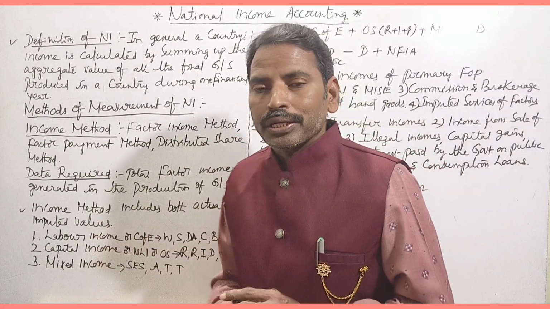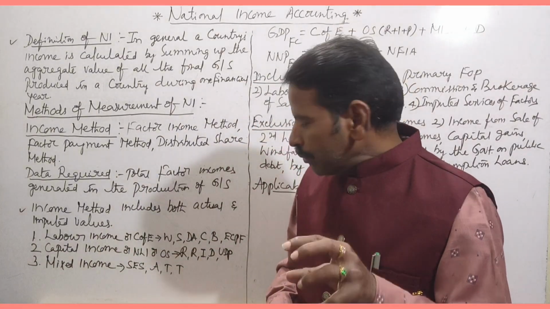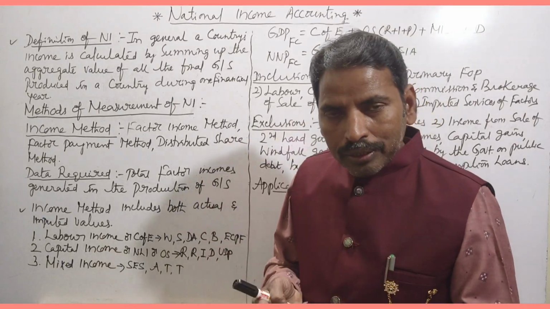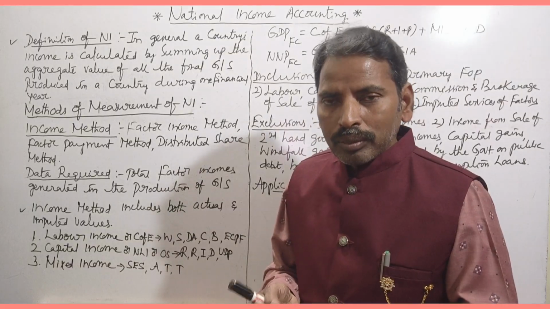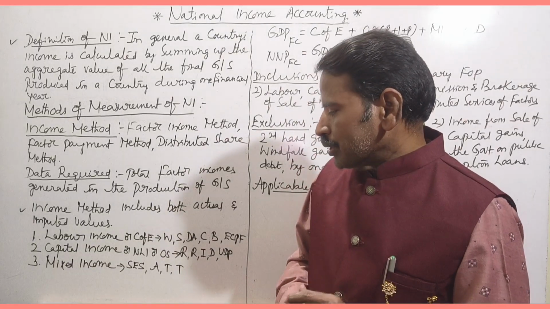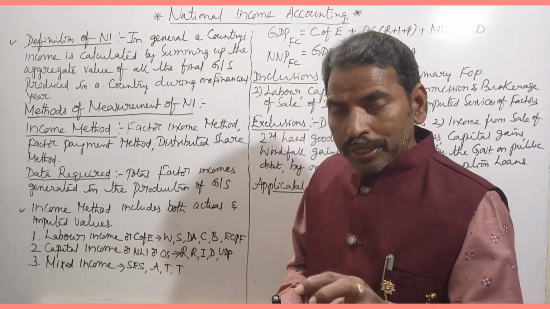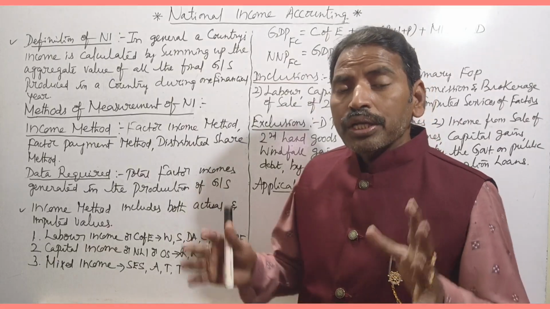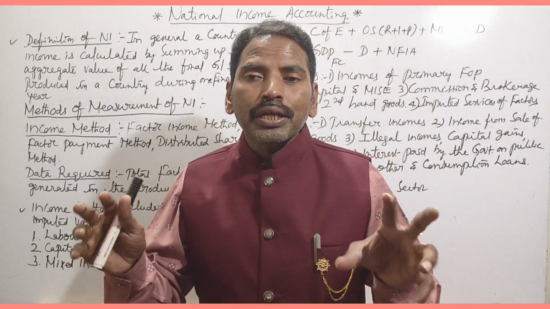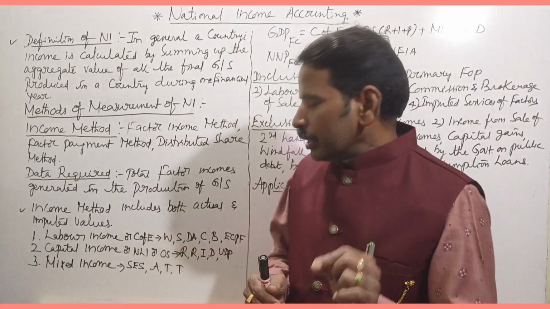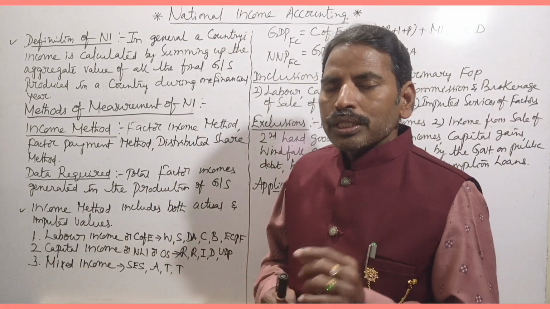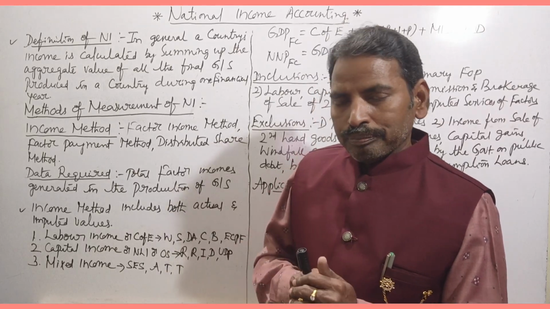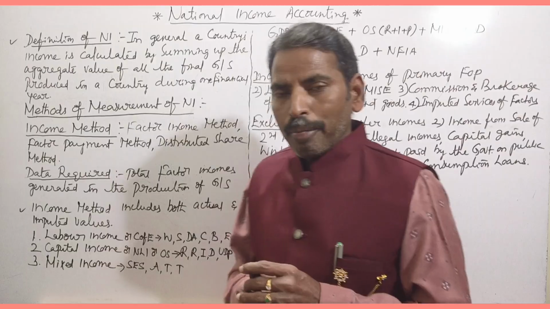Second is capital income, or non-labor income, or operating surplus. The examples are rent, royalty, interest, dividends, and undistributed profits or retained earnings. Third is mixed income. It is difficult to separate labor income from capital income, so it is called mixed income.